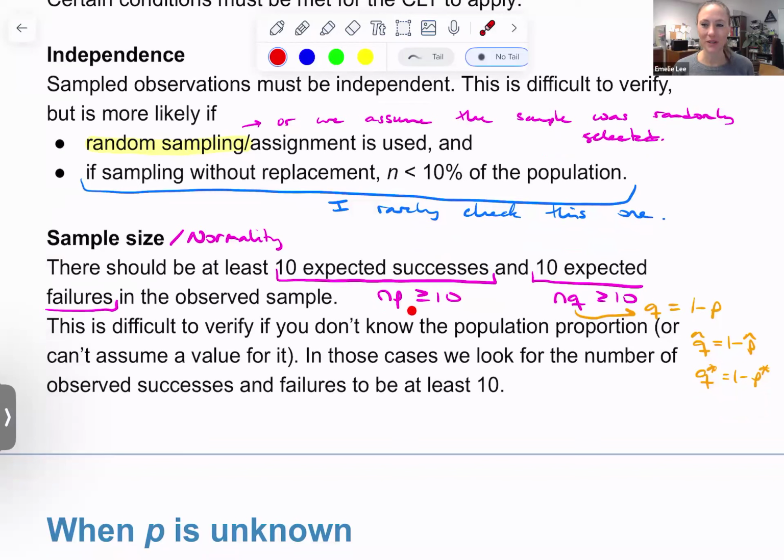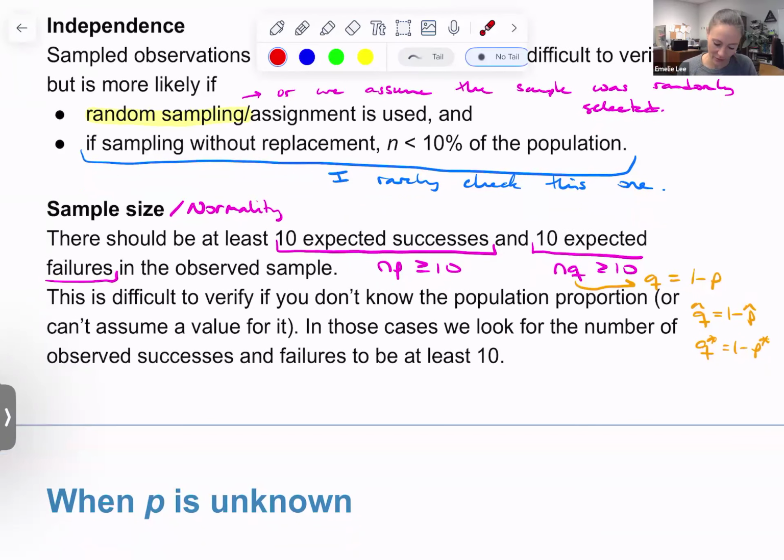One problem that we're going to come up against is, P is the population proportion. Well, the whole problem that we're facing is I don't know what the population is. I'm trying to figure it out, right? And so we're going to look for the number of observed successes and failures, right? So we just change it to what we have in our sample as opposed to these theoretical ones.